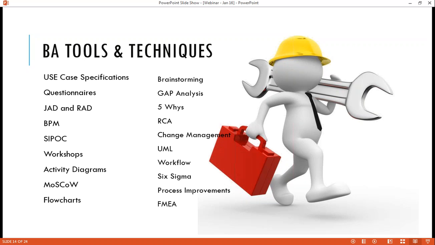Activity diagrams, we will learn about them in the business analyst course. Activity diagrams are nothing but diagrams that define the active state of the system. I'll use a simple example of logging into the bank's website. So you go to the URL, your web page opens, and then you enter the user ID, password, and everything, and then you click OK to get into the system.